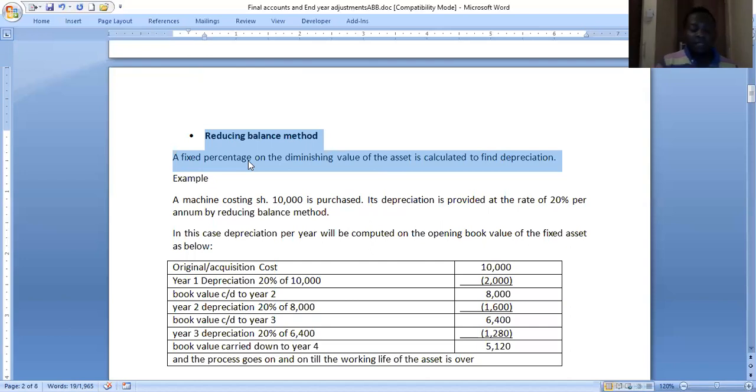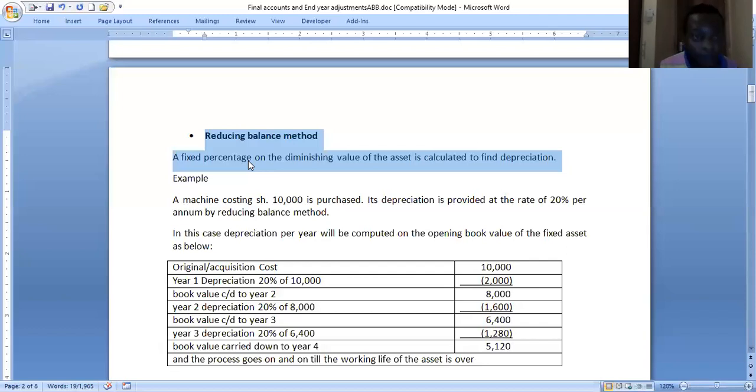So the value of the asset is declining, and in effect it will also lead to the decline in the depreciation amount over time. So you find that the depreciation in year 1 is 10,000, in year 2 is 9,000, in year 3 is 8,000, in year 4 it's 7,000, in that order. So it changes, and in this case it changes by reducing.